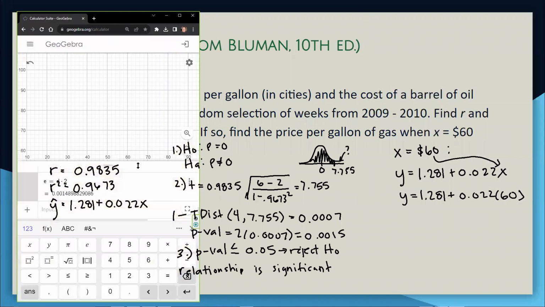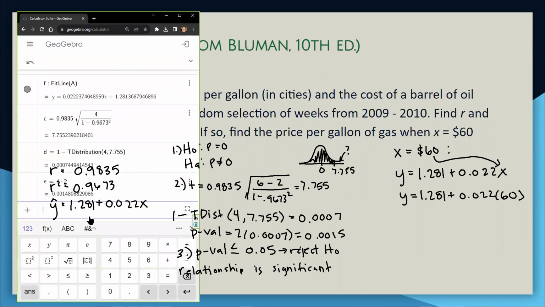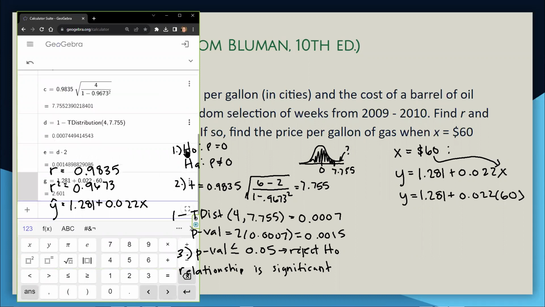Pull this over here. So down on the bottom, 1.281 plus 0.022 times 60. And I don't know if you can see that, but we are getting 2.601.